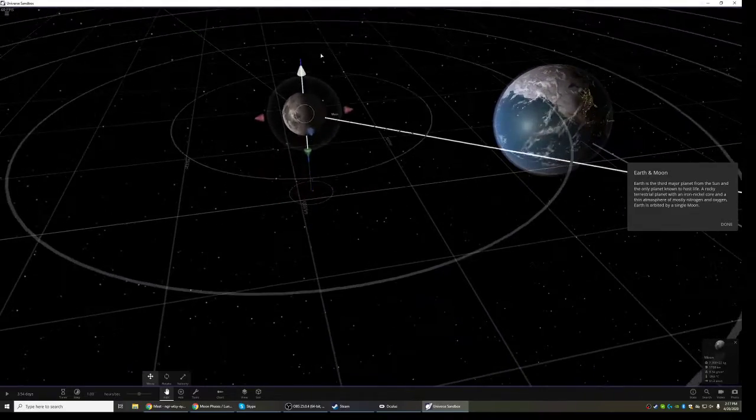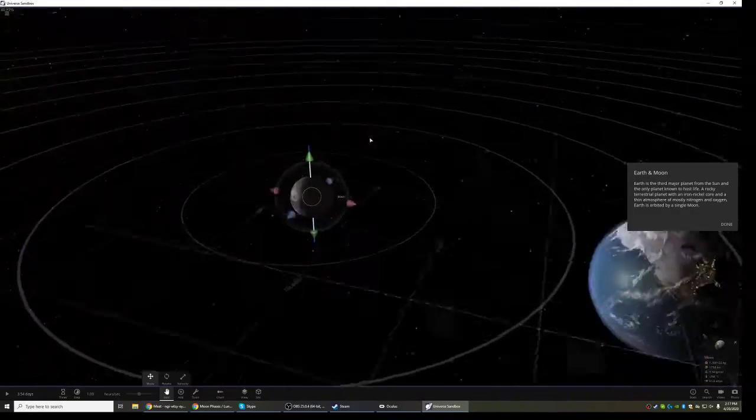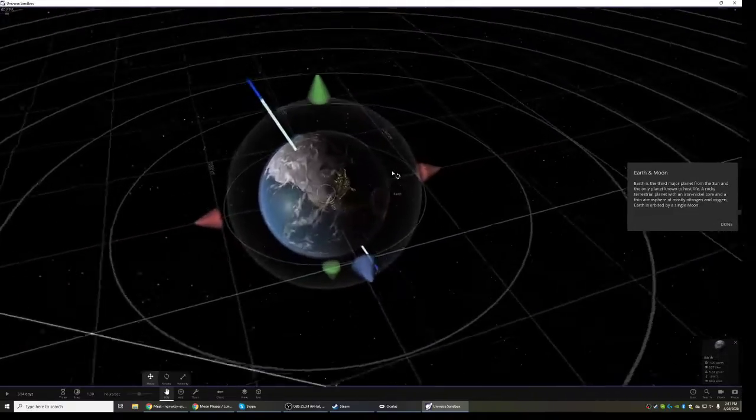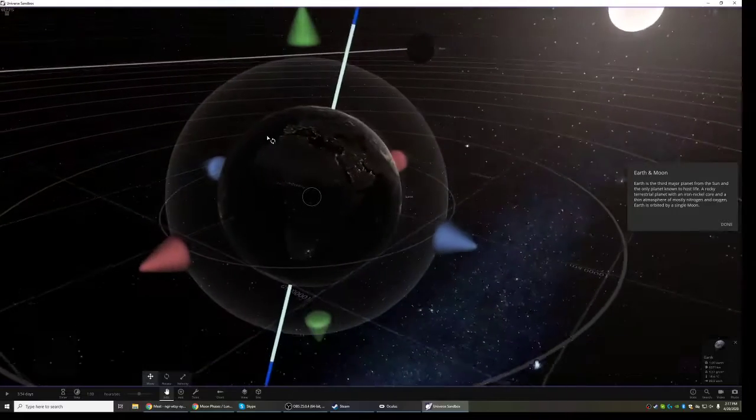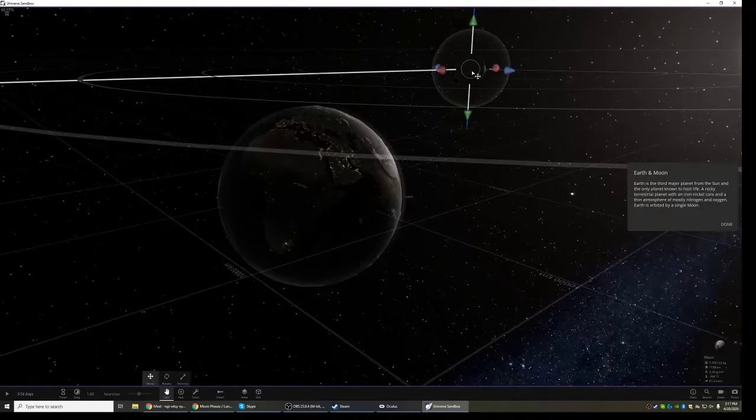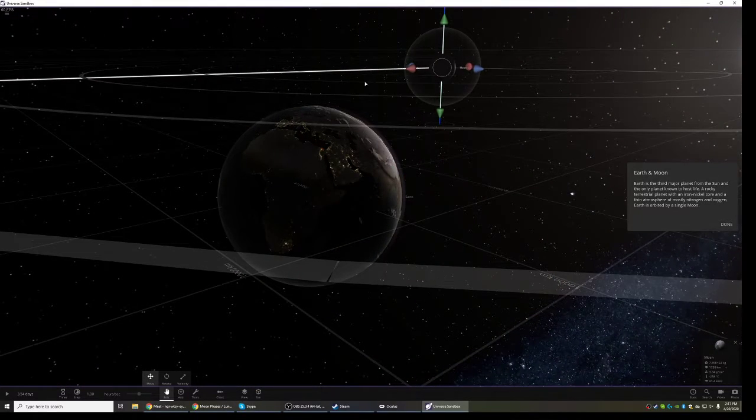But we can only see part of the moon because the moon changes its location every month.